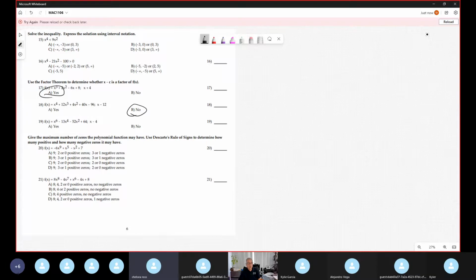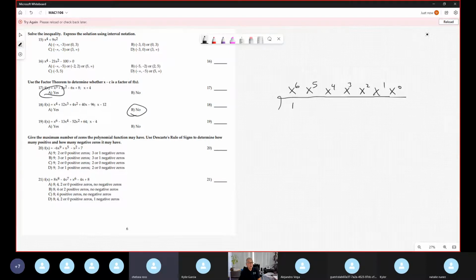Okay. 19. Same thing. Be careful, be careful. You see that in the polynomial you have power 6, no power 5, no power 3. So it is important that in the format of the synthetic division, let me try to do my best: x to the 6, x to the 5th, x to the 4, x to the 3rd, x to the 2nd, x to the 1, and x to the 0.